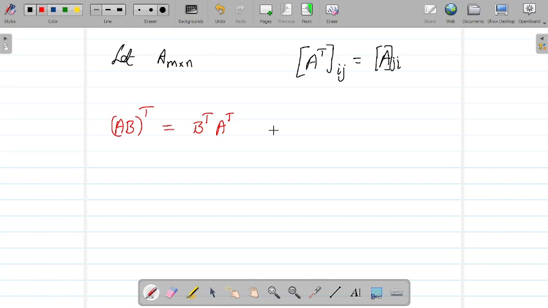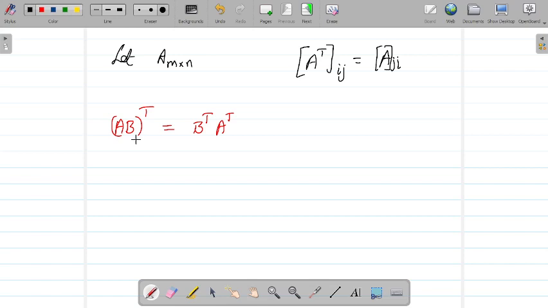What I'll do is simply take the ijth entry of (AB) whole transpose and prove that it will be equal to the ijth entry of B transpose A transpose. So first let me start with the ijth entry of (AB) whole transpose.